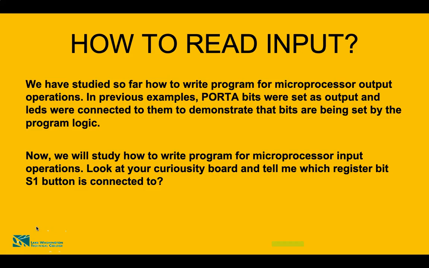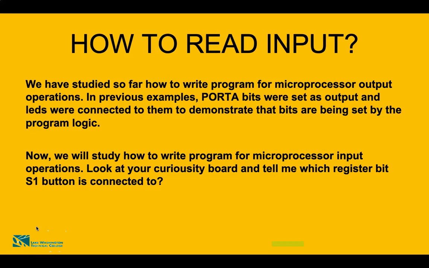If you have seen already, then you will know that S1 is connected to the RB4 register bit. S1 is a push button, and there is another push button on the Curiosity board, S2, and that S2 push button is connected to the RC5 register bit.